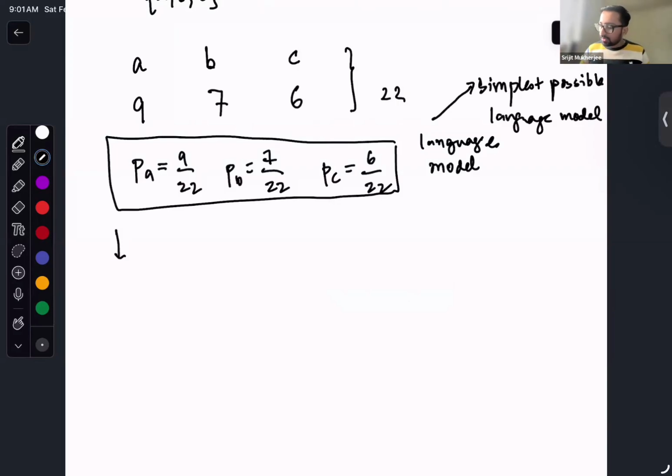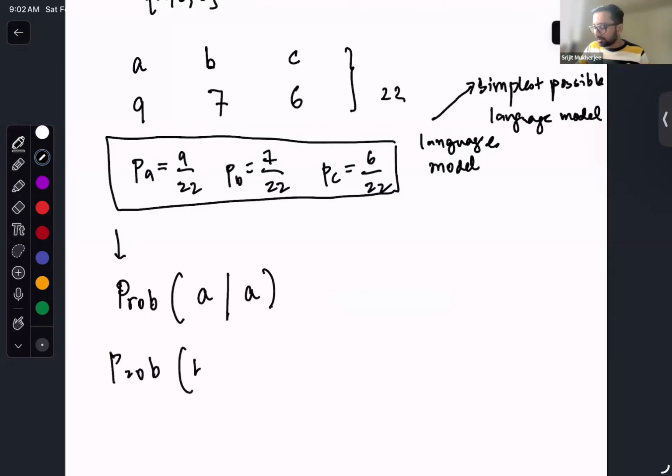But now, what is the probability of A given A, when you already know A has come? What is the probability of B given A? What is the probability of C given A?